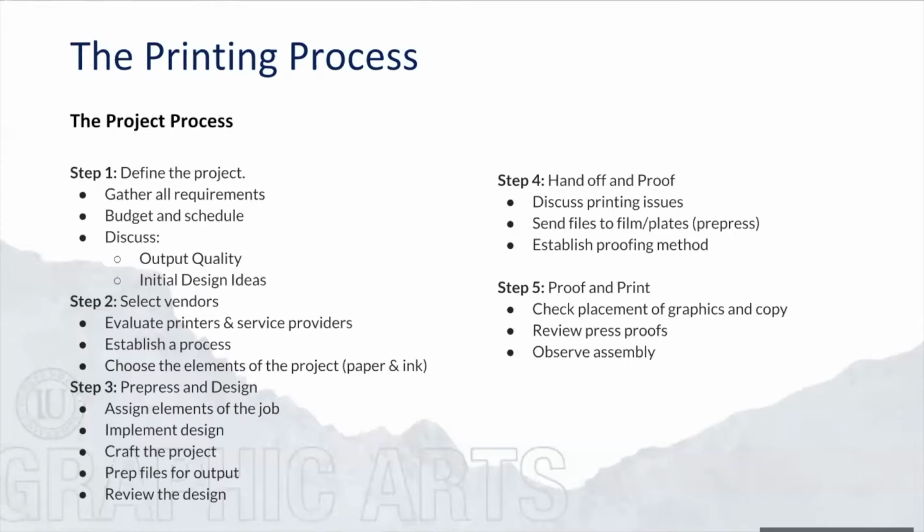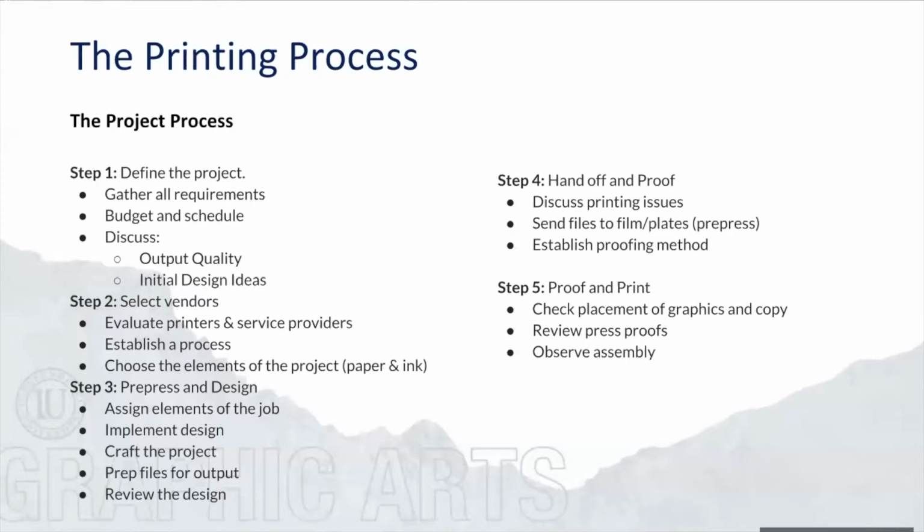Also, you're going to want to choose the elements of the project, the paper and the ink. If you're doing something as specific as I was doing with a clear type credit card or an all black matte credit card, you're going to want to make sure that they have the specific elements to put your project together, that they're able to do that.